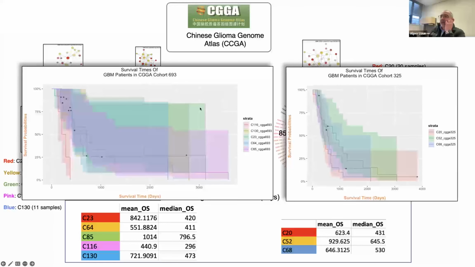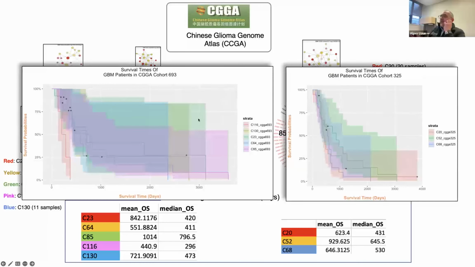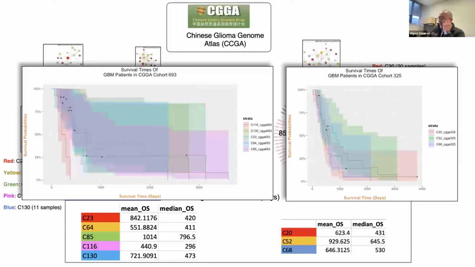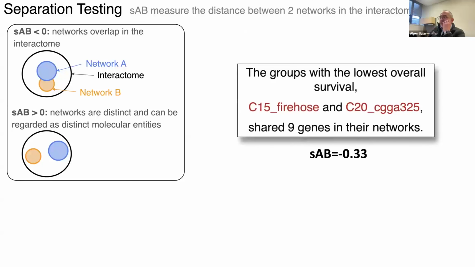When we compare these in their own groups, this is what you see in the survival for each network. Then the question was how close they are to each other from our first TCGA data and here.